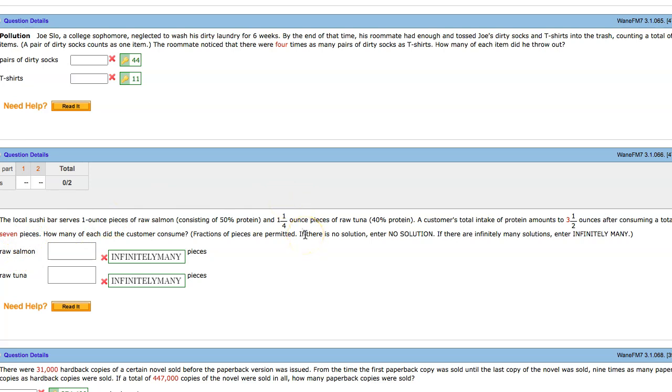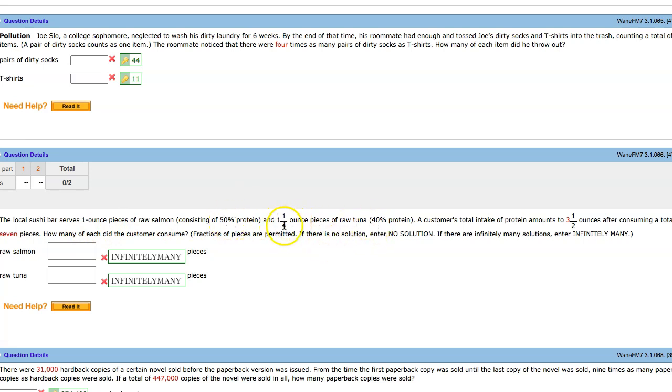This is kind of rough. For the protein, 1 ounce is 50%. As far as the ounces go, we'd have to multiply 1 ounce by half. You know what? No, I actually had it right all along.